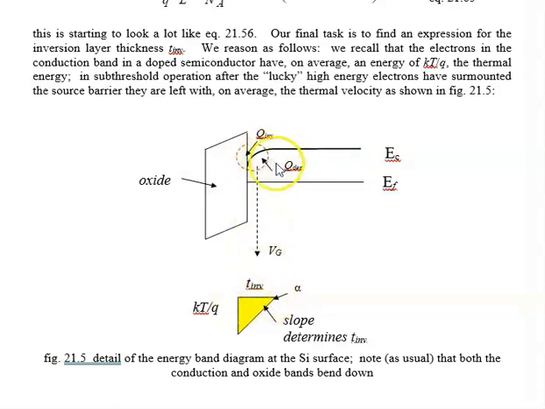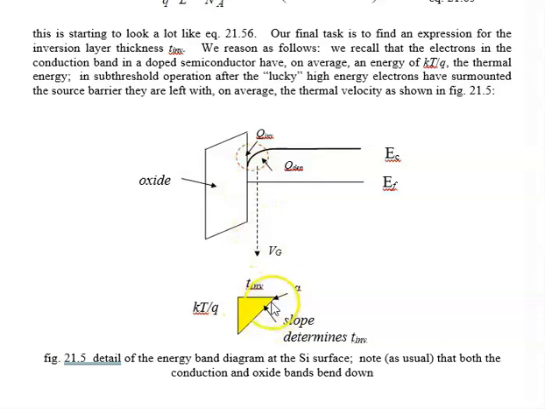The vertical line here is energy. In fact, it is how many electrons have enough thermal energy, that's what kT over q is, thermal energy, to overcome the barrier and to participate in conduction from the source to the drain.